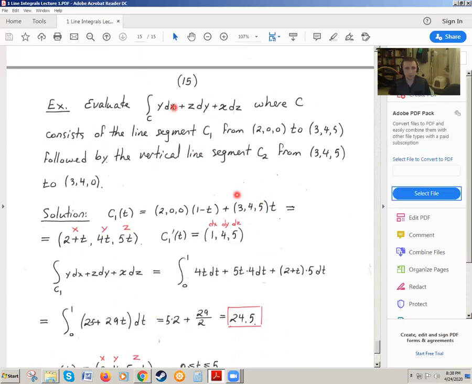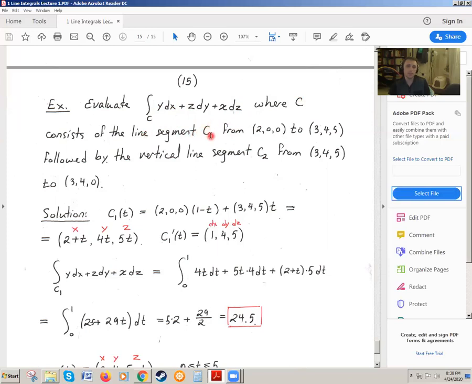So here is another example, now with the dot product version of the line integral. We have a field y, z, x, and we want to find the work done by the vector field on a particle traveling along the curve C, where C is built of two segments.